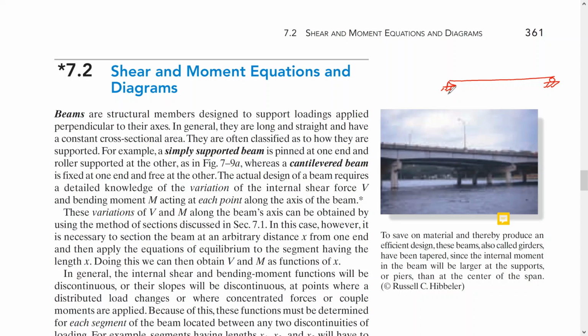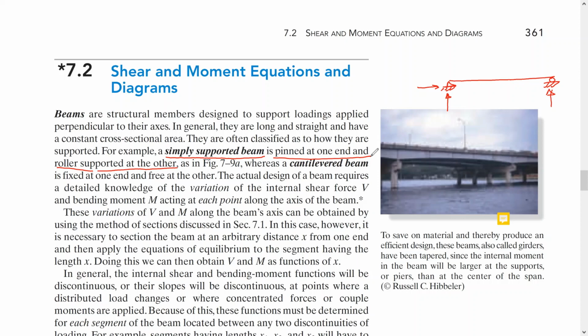So here we do have two force components and here we do have one force component. So we call this a simply supported beam. It's pinned at one end and roller supported at the other end. Okay, this is the definition of the simply supported beam.